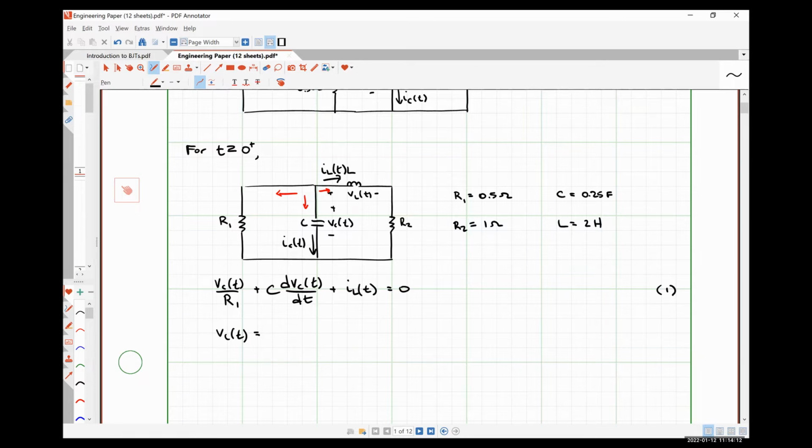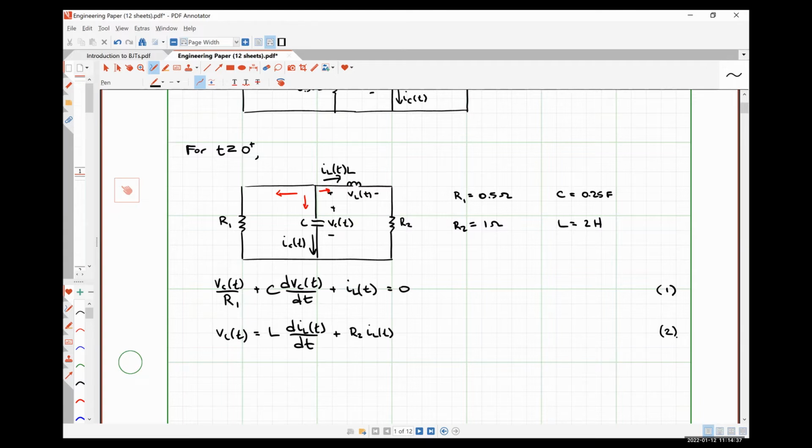Yep. And then we're going to have the voltage drop over our resistor, which is just going to be R2 times IL. Call this equation 2.